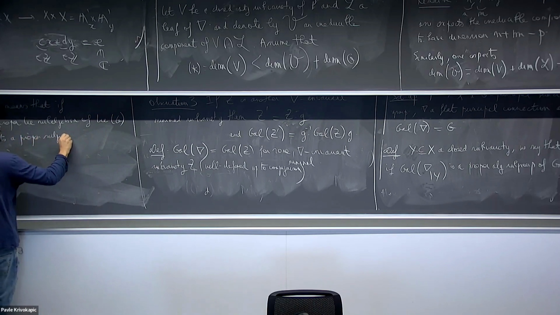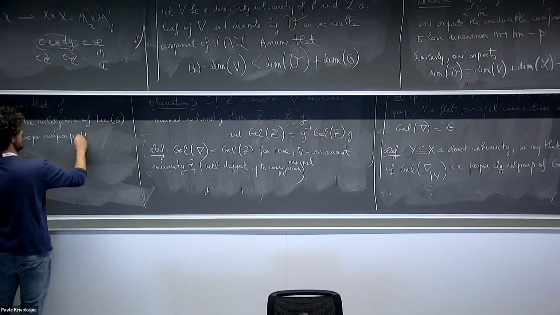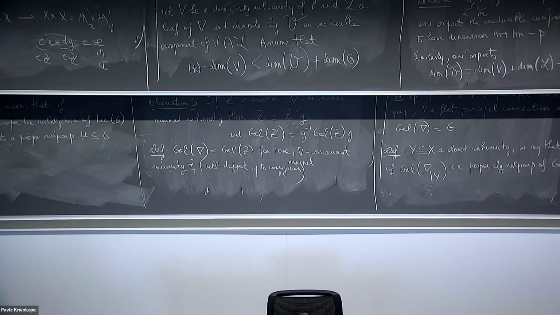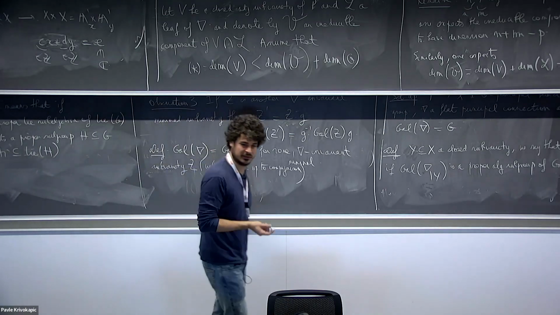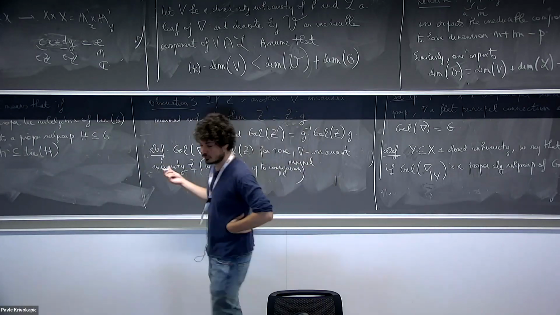Remember, we also assume that G is connected, right? So a proper subgroup has a different Lie algebra than the Lie algebra of G, such that H is included in the Lie algebra of that subgroup. So every Lie subalgebra is contained in the Lie algebra of a proper subgroup.